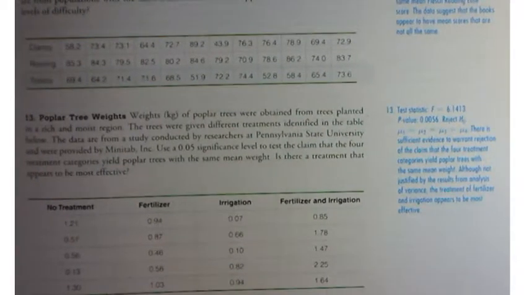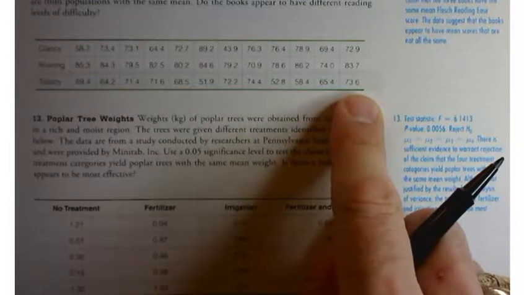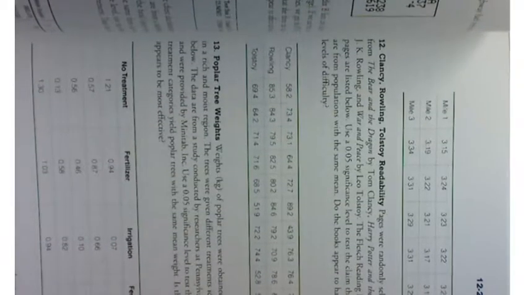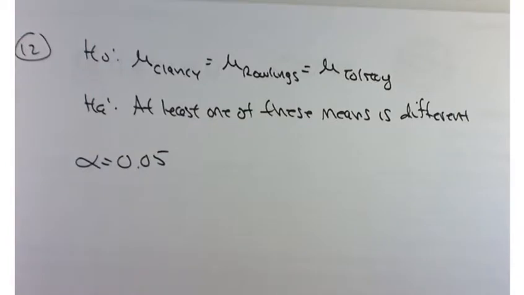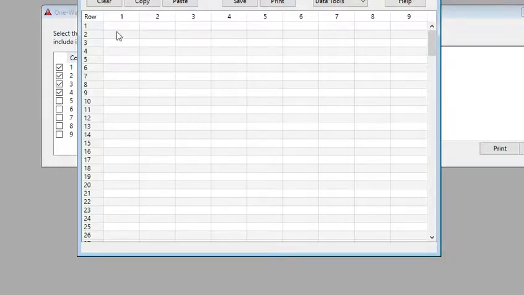You have to write all of Clancy data in column 1, Rowling in column 2, Tolstoy in column 3. So you can't just copy it as is. Basically, you got to turn it on its edge. They have to be in separate columns. So a nice little thing to note as we input our data.